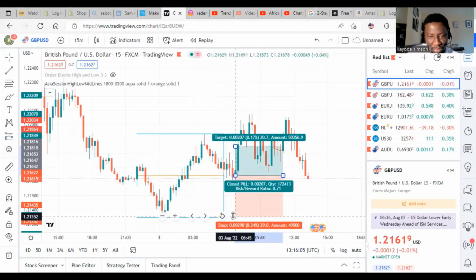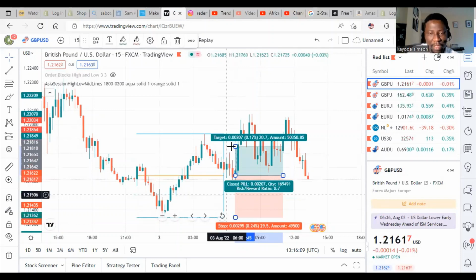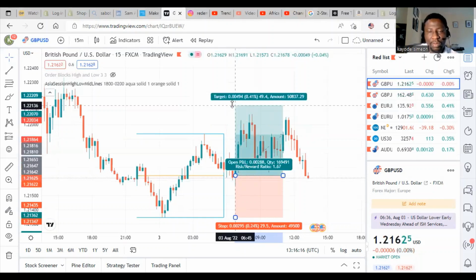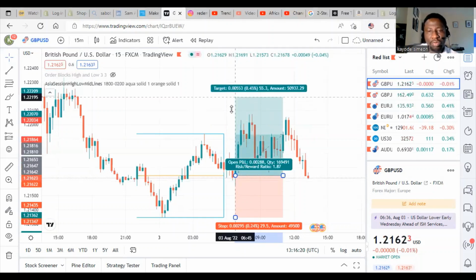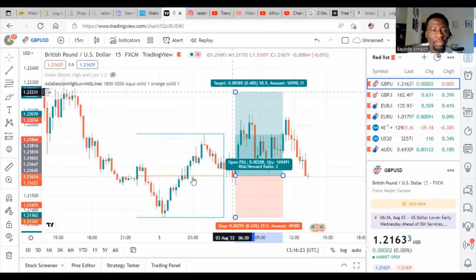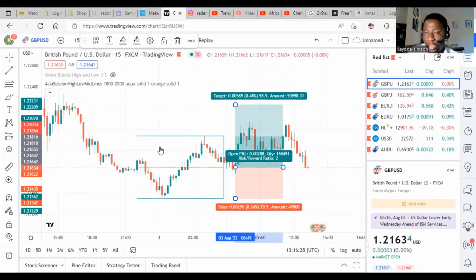This should be my stop loss, right here. My take profit then should be 1 to 2, somewhere around here. There you go. That's where my take profit should be. I missed this trade. That's why I didn't show you.